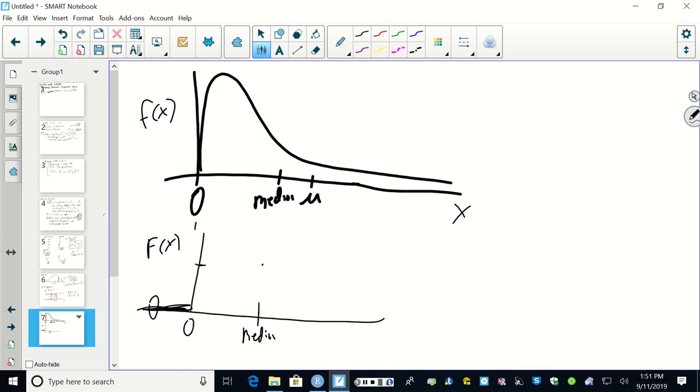So maybe the median's back a little bit more. Let me move it back so my graph is more to my liking. So here's the median. That's at the 50% point. So this thing is going up pretty fast and then leveling out. It takes a long time before it actually gets to 1.